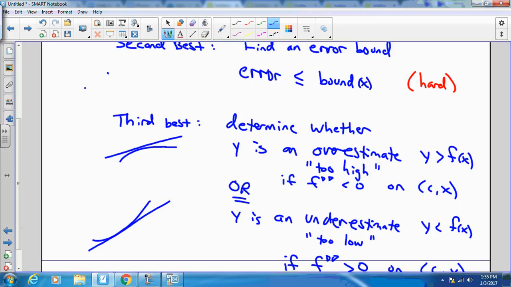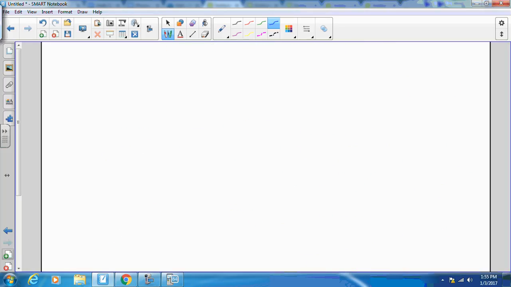Okay. Well, let's consider a scenario that often shows up. We have an unknown function, or rather a function known at one point only.